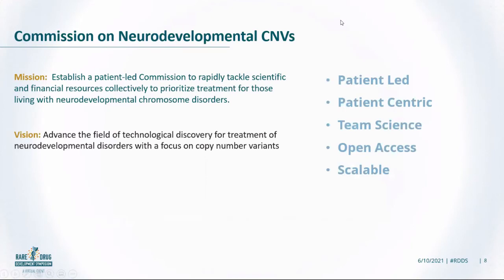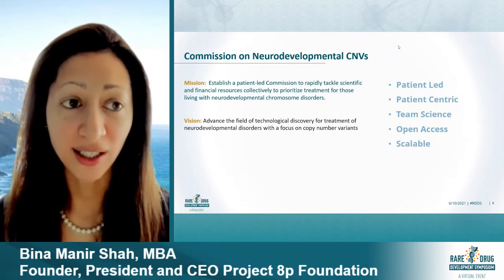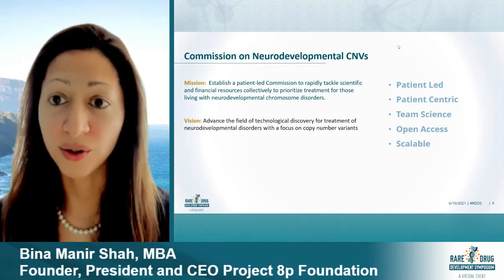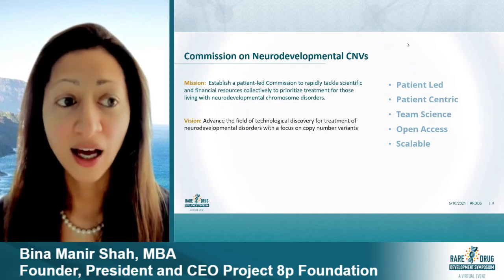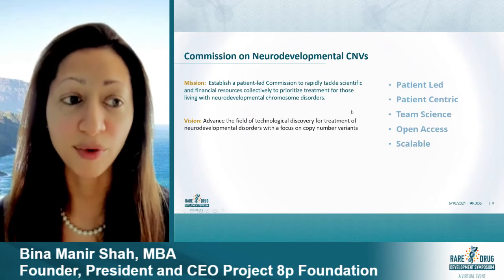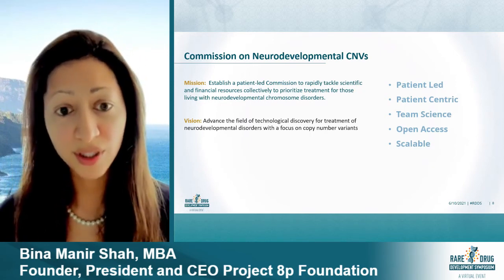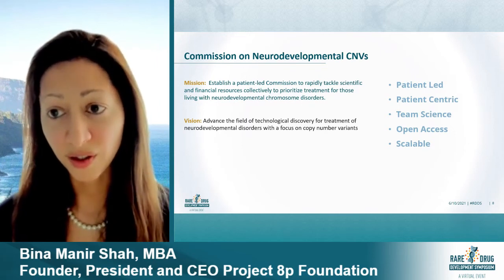So with that in mind, with 2 other patient organizations, we also launched this commission on neurodevelopmental copy number variants, with a mission to think about tackling all of our resources and prioritizing treatment for those living with neurodevelopmental chromosomal disorders, and how we can really advance the field.